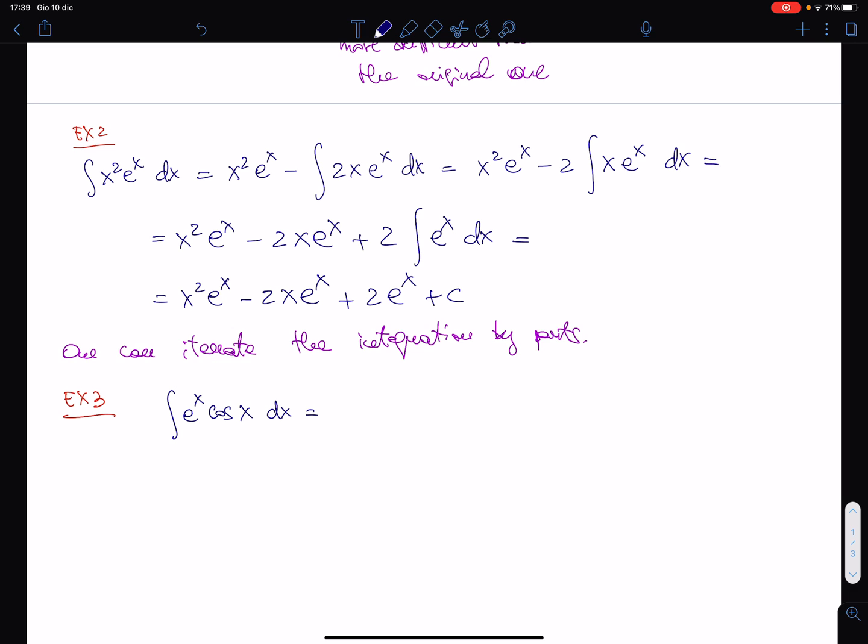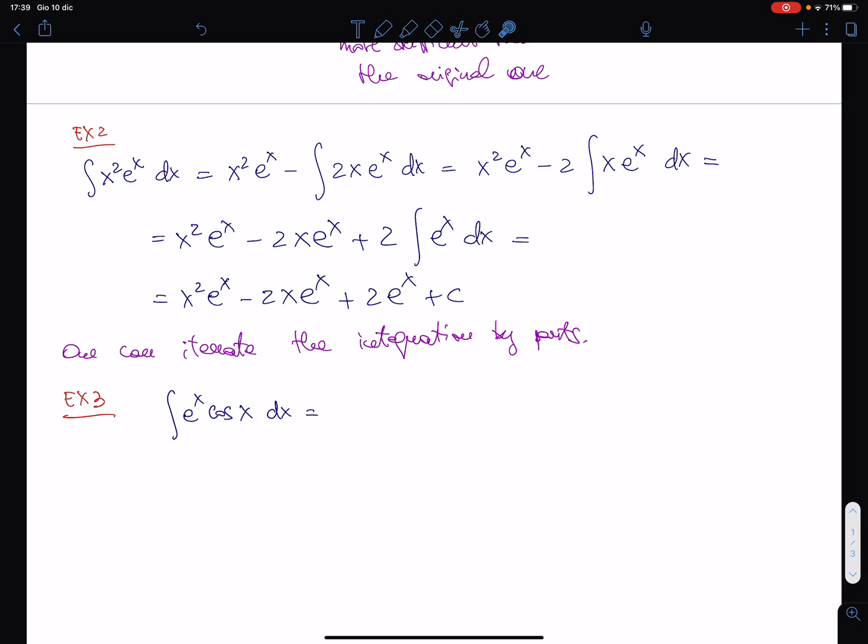The problem here is that when you integrate or differentiate the exponential and the cosine, nothing really significant happens. There is no simplification, because cosine becomes a sine, which is the same order of difficulty, and e to the x does not change at all. But there is a trick you can use, and it is the following.